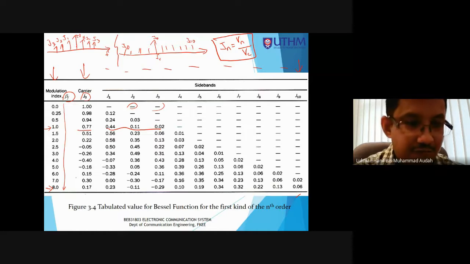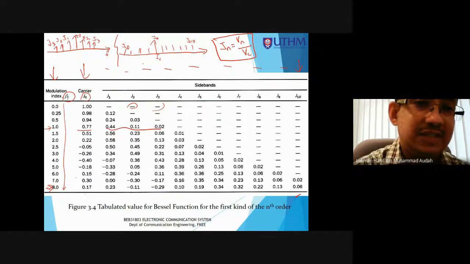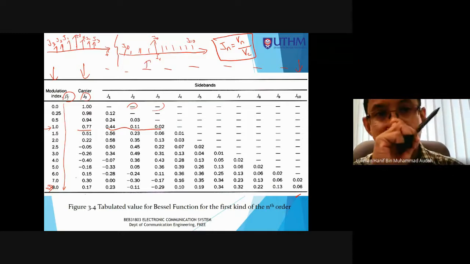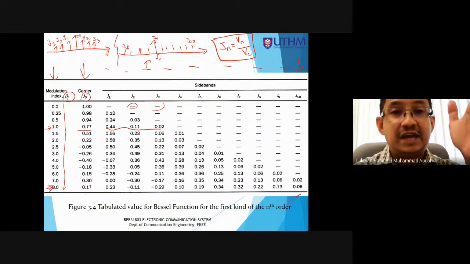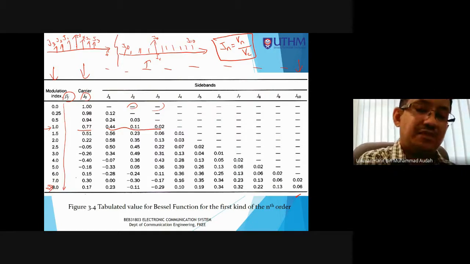Sorry, for beta F equal to 8, we're going to have up to 10 pairs of sideband. Macam yang saya lukis ke atas ni. Daripada J0 sehingga J10, so we have 10 upper and 10 lower sidebands.